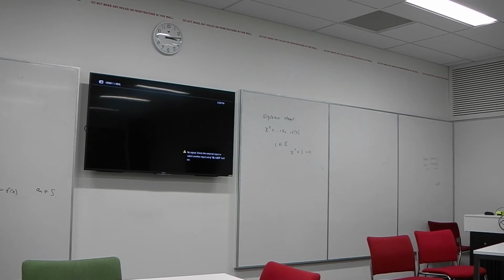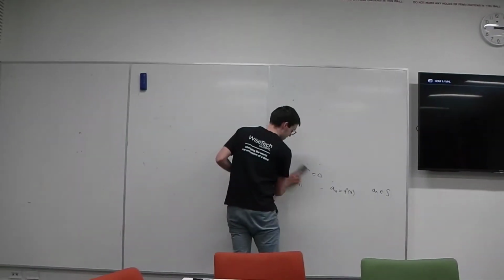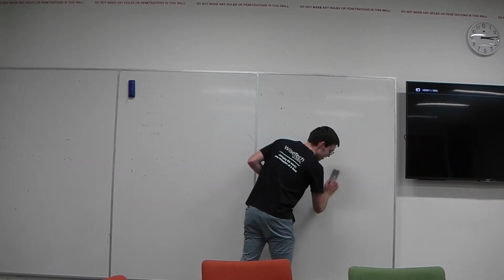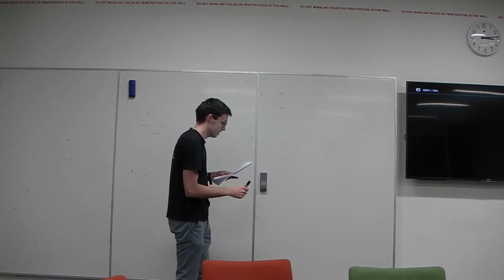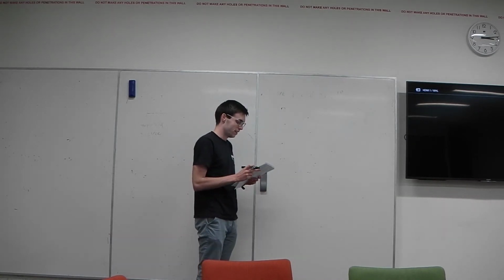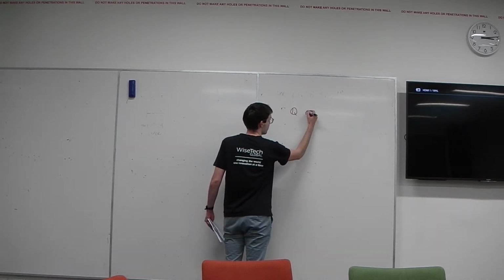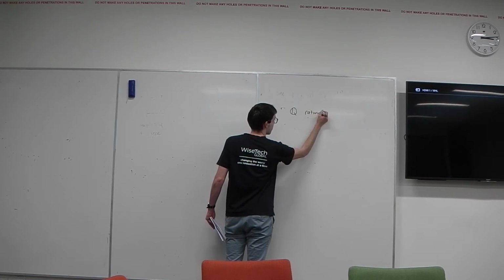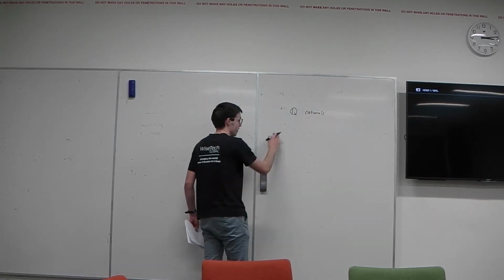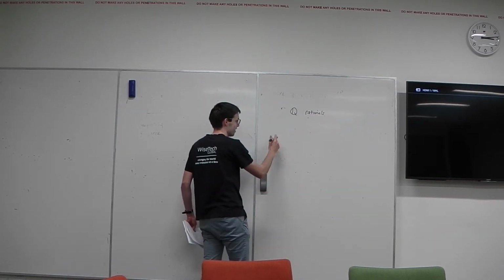Now we will come to number fields. A number field is a finite degree extension of Q, the rational numbers.